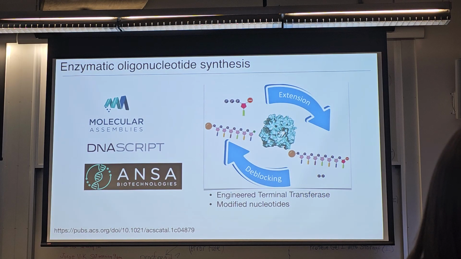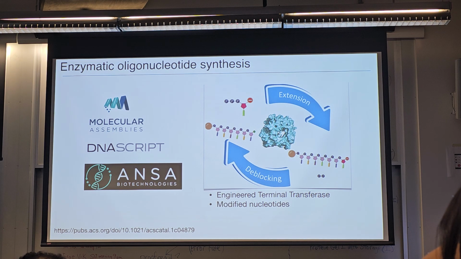What people are also really interested in is using enzymes to actually make oligonucleotides in the same sort of way. So here, instead of using chemically modified nucleotides, you can use special nucleotides in a DNA polymerase to actually build up a single-stranded piece of DNA just by adding nucleotides to the end.